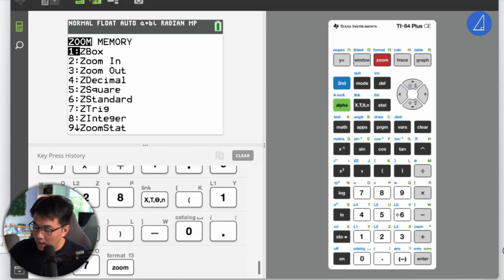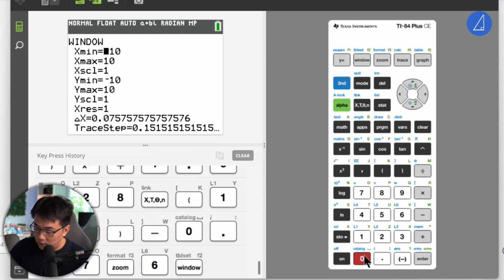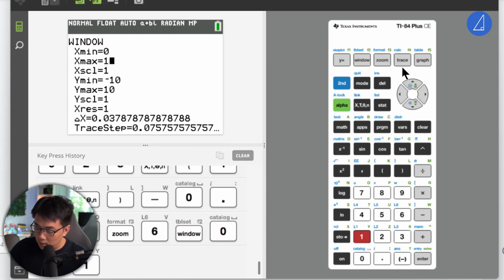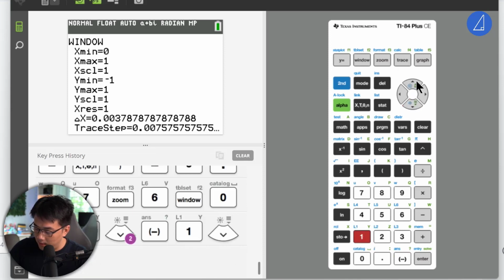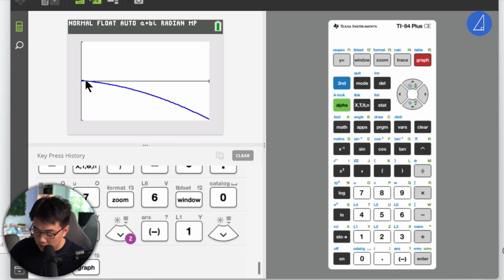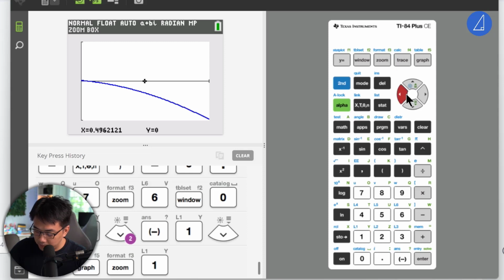What I would usually suggest students do is, you could see that x is between 0 and 1, so just zoom this 0 to 1. It doesn't seem like it cuts the x-axis, but we'll just see. Okay, you could see that it cuts here. You can zoom in if you want to, zoom box is good.